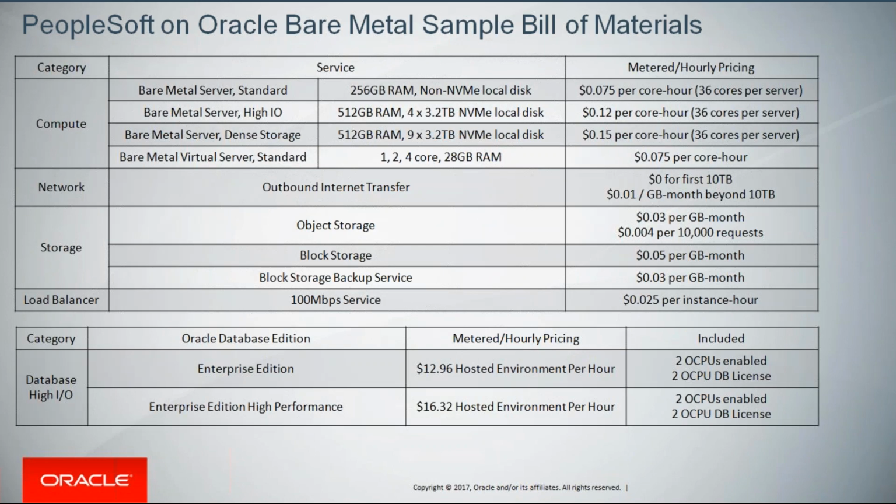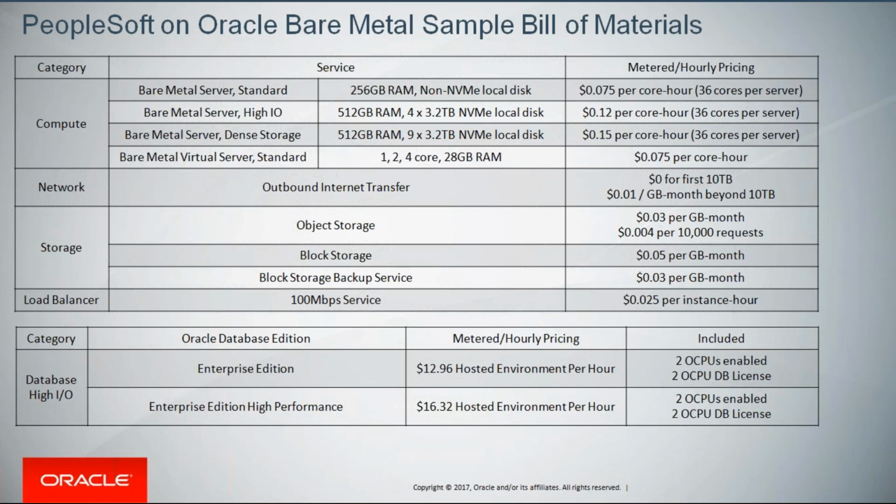Now, quickly, I want to show you a list of the bill of materials that we had to have to deploy PeopleSoft on bare metal. Obviously, we used compute, and we had some network, since there's going to be some outbound transfer between on-prem and cloud.